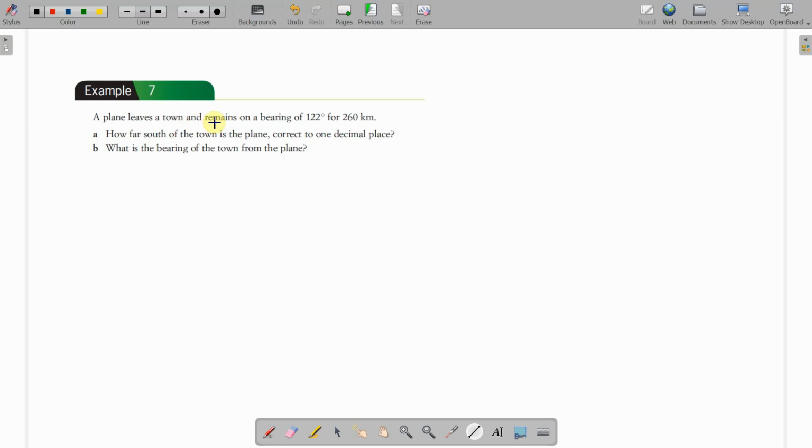A plane leaves a town and remains on a bearing of 122 degrees for 260 kilometers. Let's draw that. Start with the compass rose: north, south, east, and west.